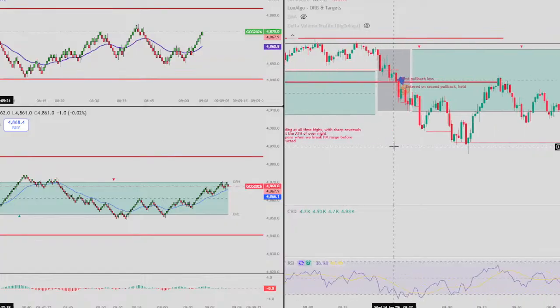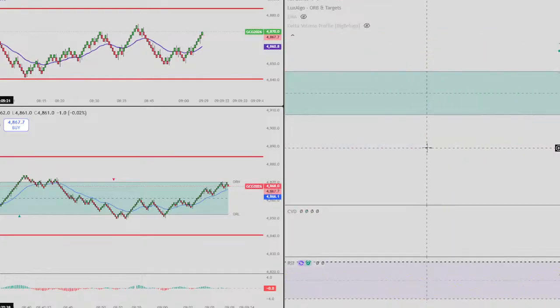Okay, like for example, here's one. We broke immediately and then we're oversold. And then we continue to sell, sell, sell until we finally get down here. But that's not what I'm looking for. See, the best kind of setups are the ones that don't happen every day.